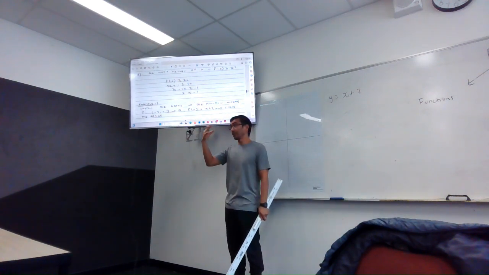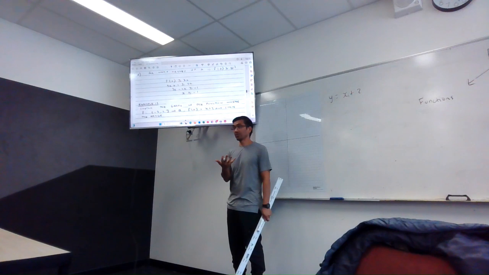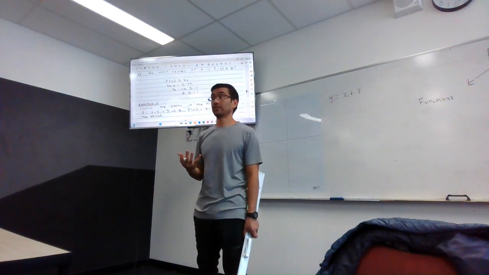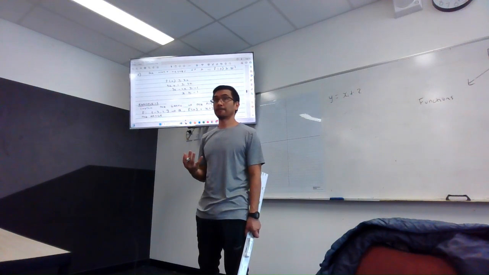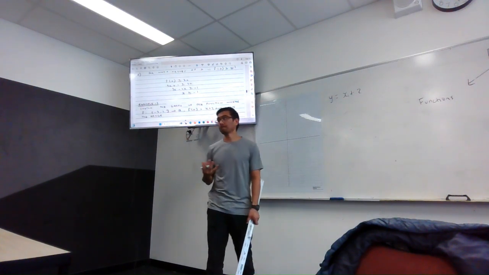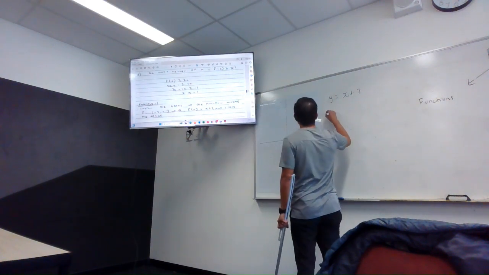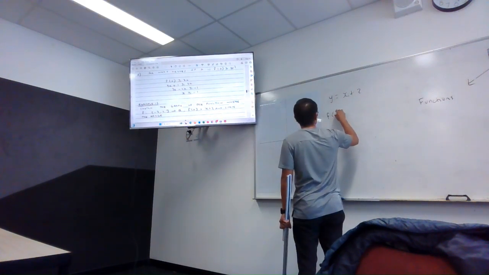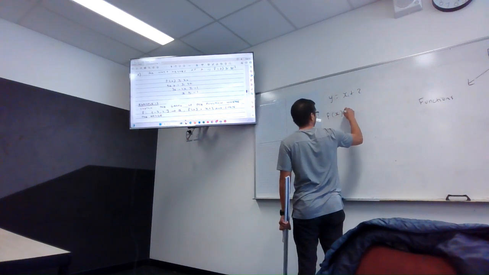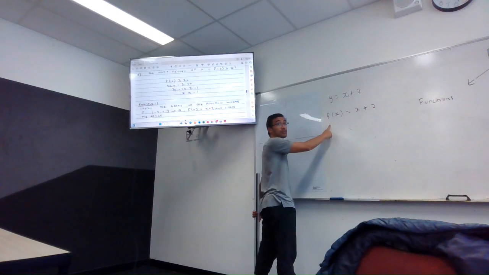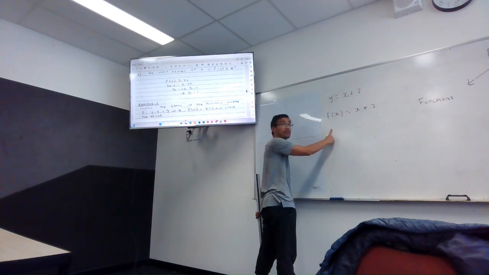But what would be some good values to try and plot first? Y-intercept? Yes, good. In that case, what changes to 0? The x or the function of x?